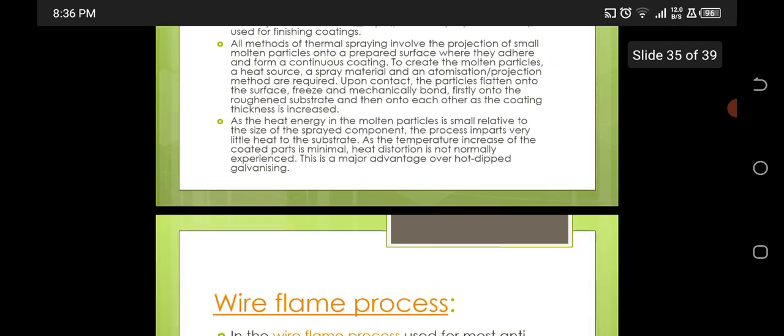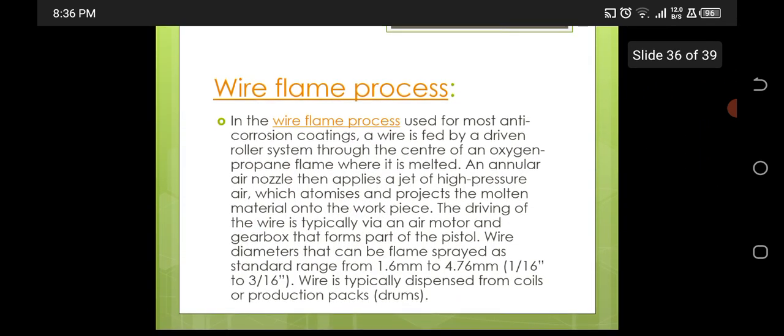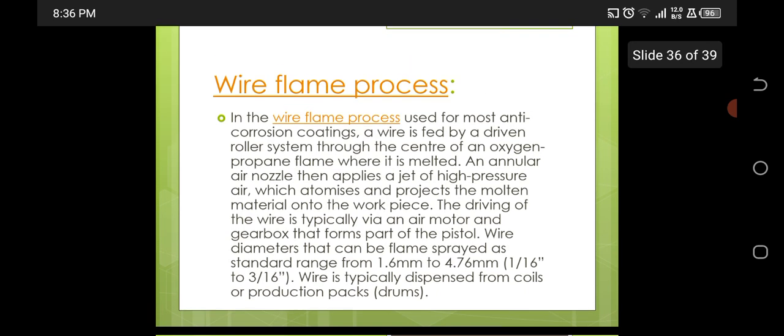As the name flame suggests, flame means fire, so here we again have melting. First of all, we have to select the wire, and the selection of wire depends upon the way of its application. Mostly the standard range for the preference of wire is 1.6 millimeter to 4.76 millimeter.